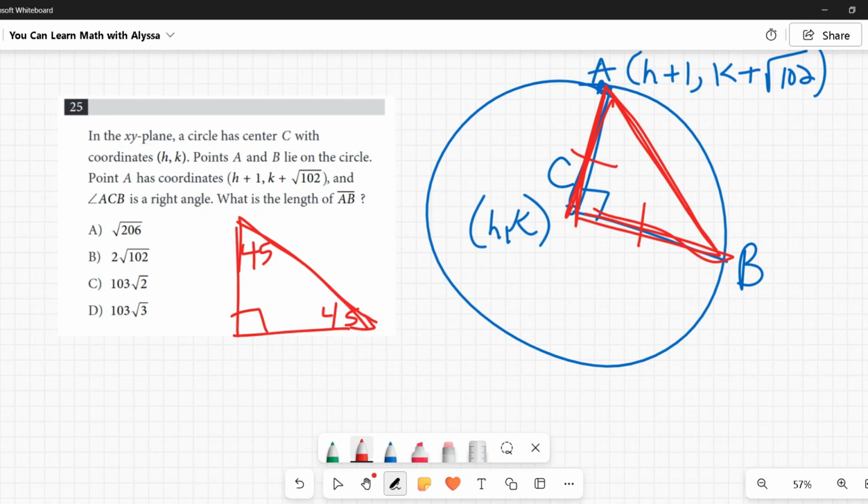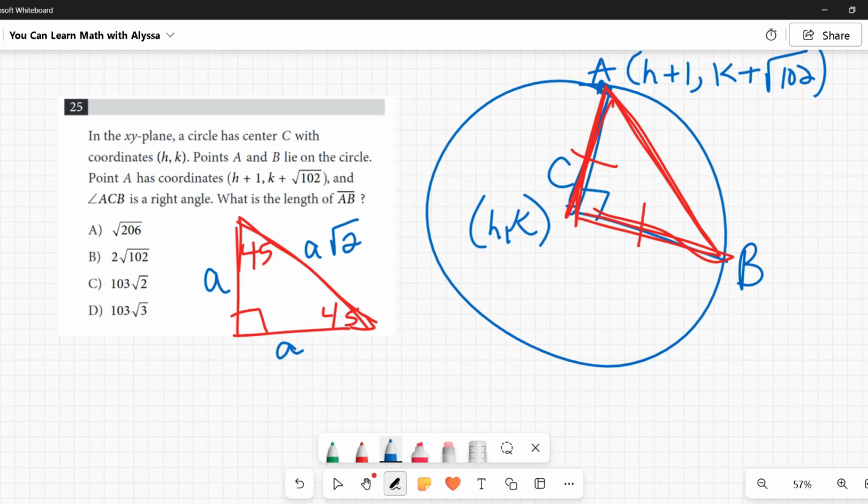While we can use the Pythagorean theorem, there's also a shortcut we probably learned in geometry: if this side is a and this side is a, this side is a times the square root of 2. We'll come back to this in a minute.